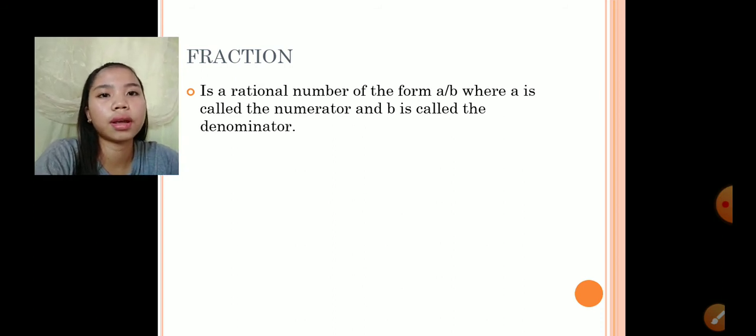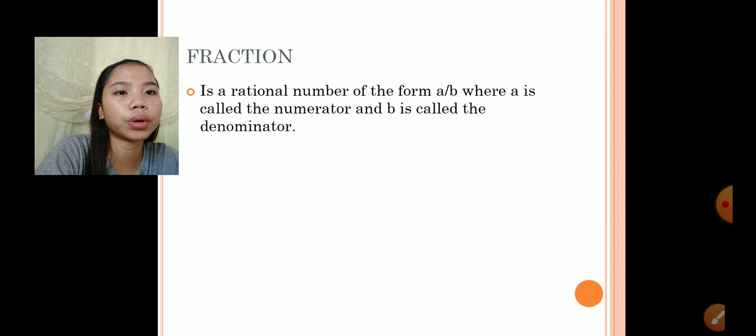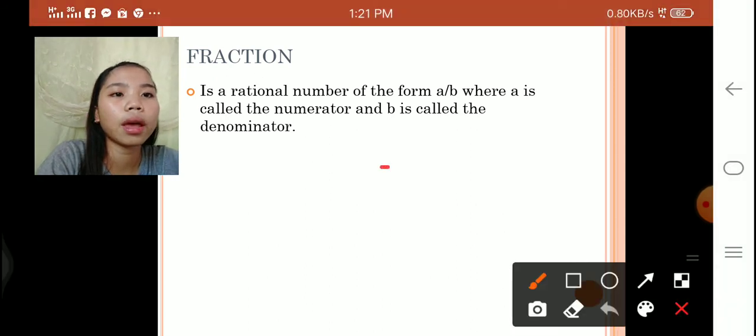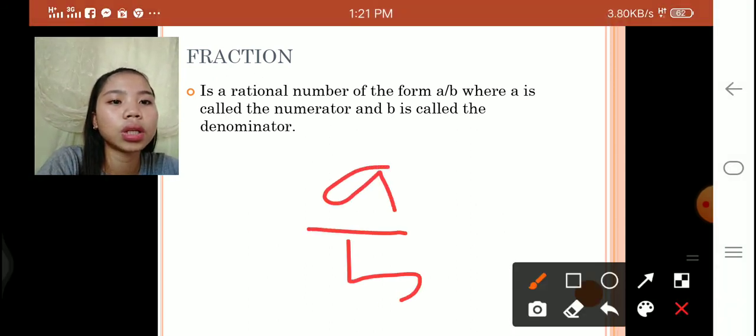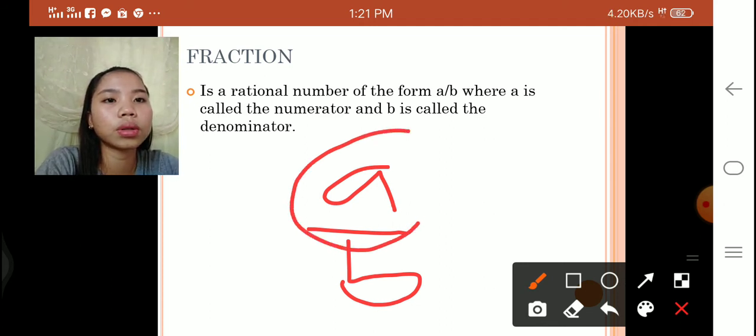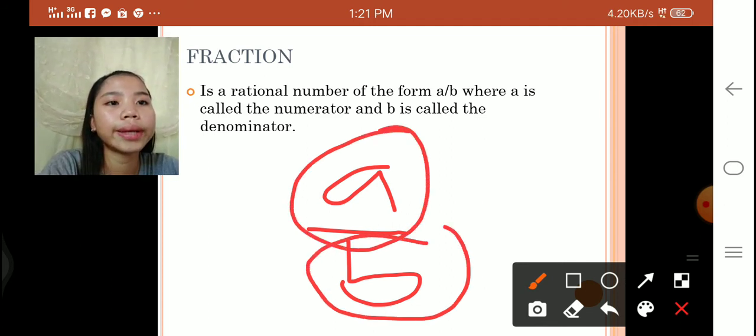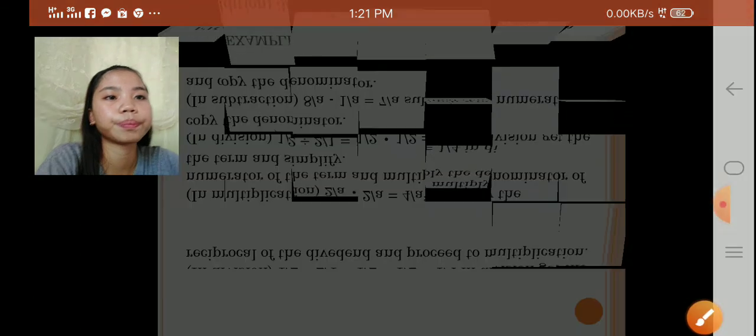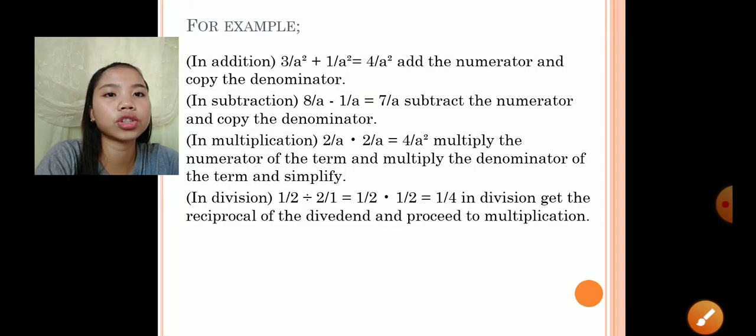What is a fraction? A fraction is a rational number of the form a over b, where a is called the numerator and b is called the denominator. For example, in addition, 3 over a squared plus 1 over a squared is equal to 4 over a squared. Add the numerator and copy the denominator.